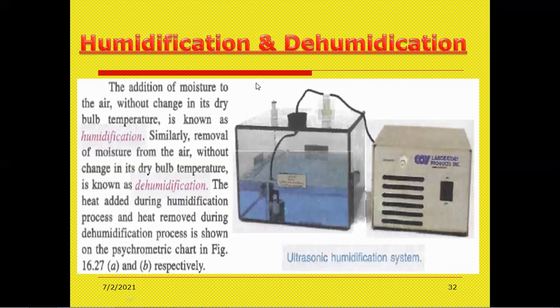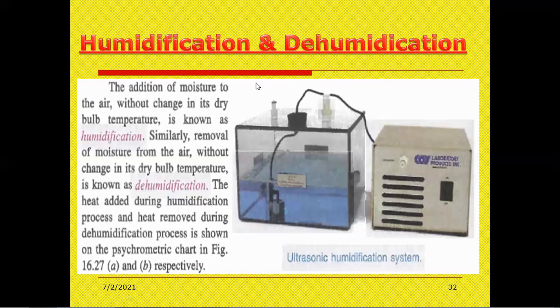Similarly, removal of moisture from the air without change in its dry bulb temperature is known as dehumidification. So adding moisture to the air and removal of moisture from the air, without changes in the dry bulb temperature, is known as the humidification process and dehumidification process.